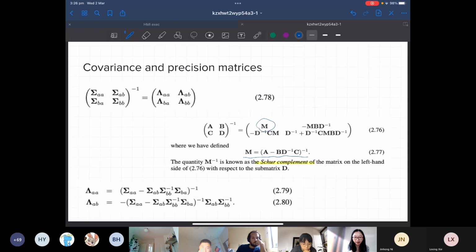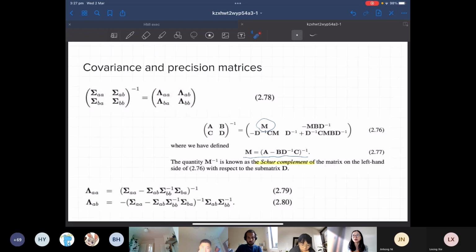So A is sigma A and so on. Yes, indeed. So this is a direct application of the Schur complement. For the other parts, you'll need to plug into these equations and simplify a bit.